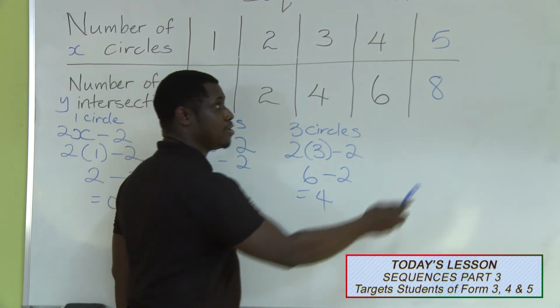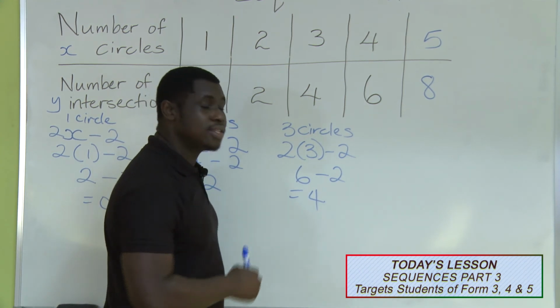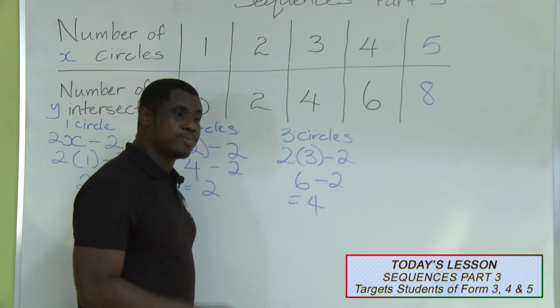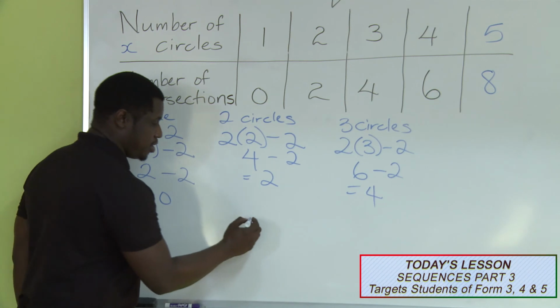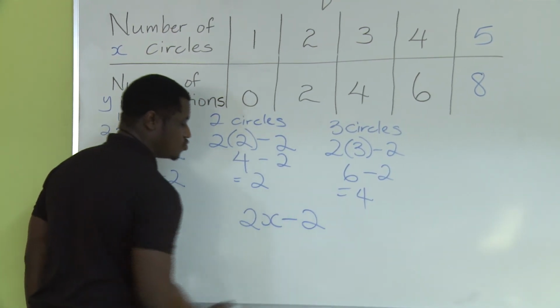And if you test it for 5 circles, I guarantee again that you'll get 8 points of intersection. So the expression for y in terms of x would be 2x minus 2.